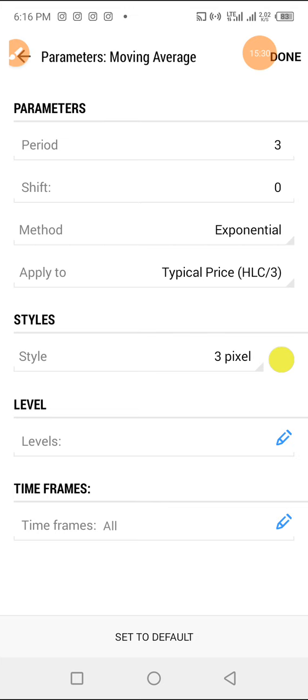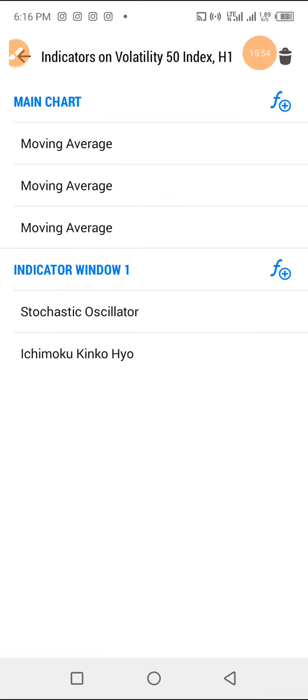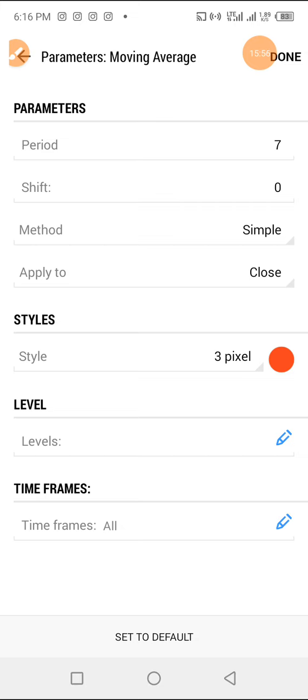We have parameters for the first: moving average, period 3, shift. Use any color of your choice, but make sure you identify it. Then the second one is moving average 60, period 60, simple, close. Then we use our green. This one is the trend line, telling us what the trend is. Then the third one is period 7, red color.